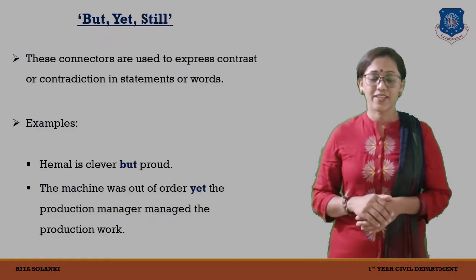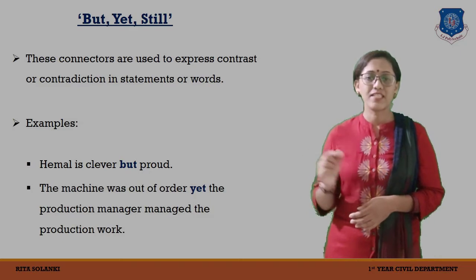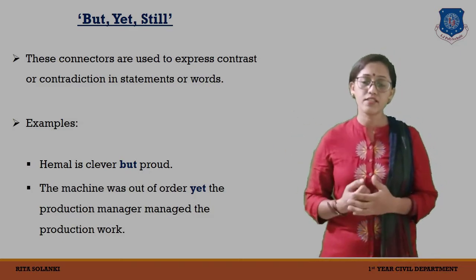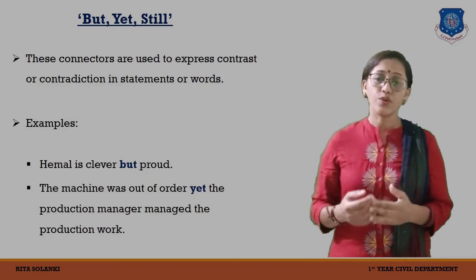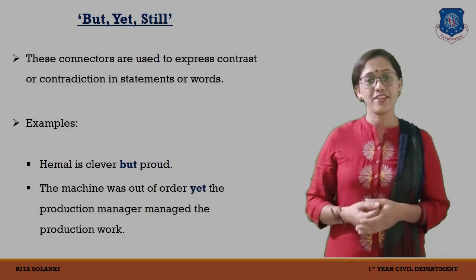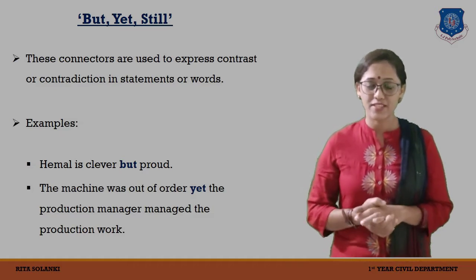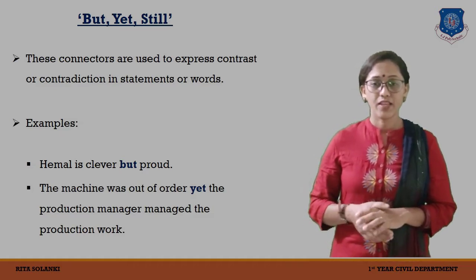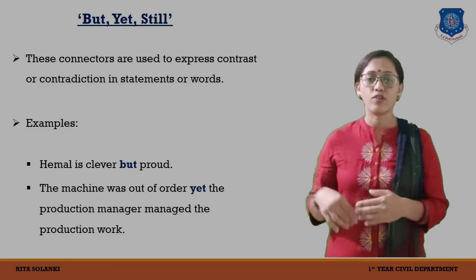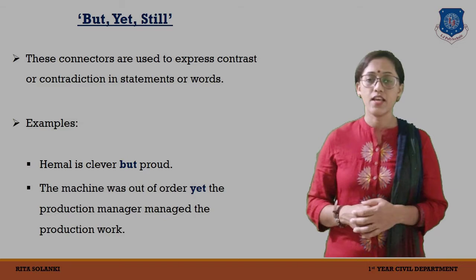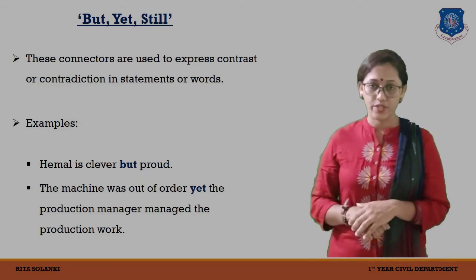The next set of connectors is but, yet and still. These three connectors show contrast or contradiction in 2 to 3 or whatever number of clauses and phrases we have. So one sentence will be of different opinion and the other sentence will be completely opposite to it.